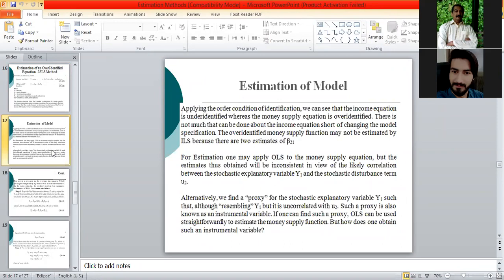of over-identified equations. Applying the order condition of identification, we can see that the income equation is under-identified, whereas the money supply equation is over-identified.